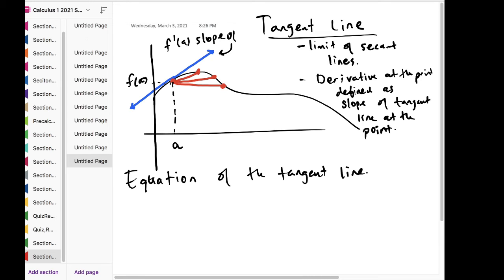Okay, so what 2 pieces of information do you need for the equation of a line? Slope, intercept.